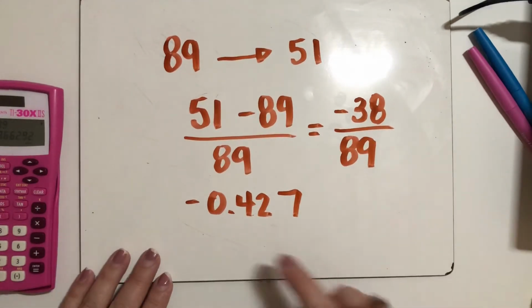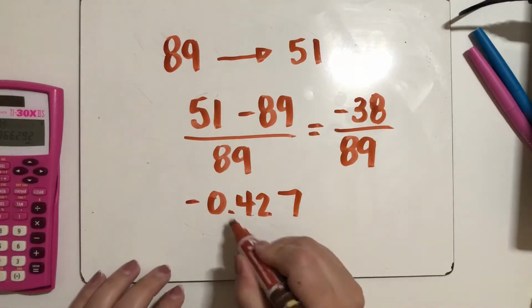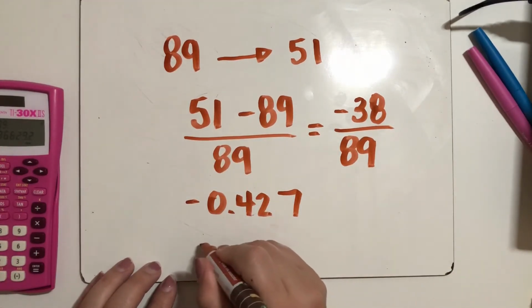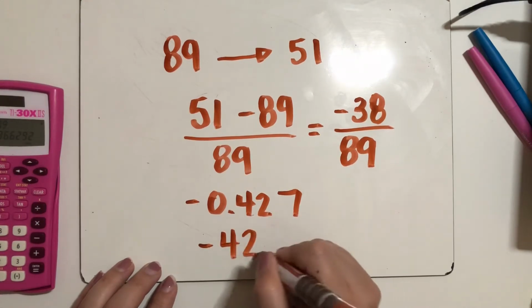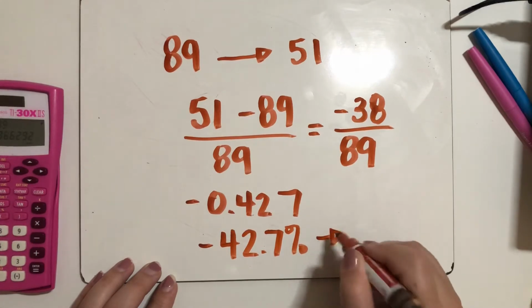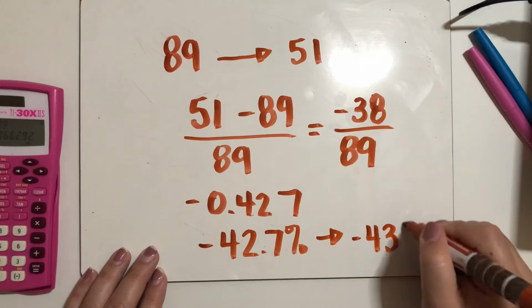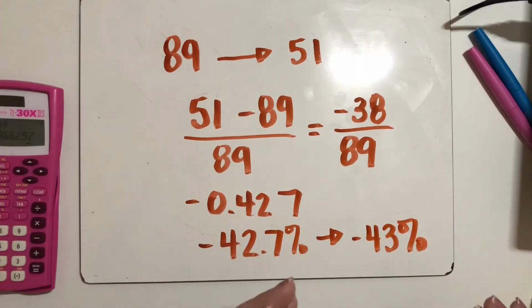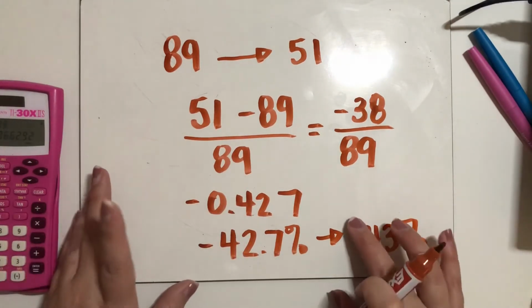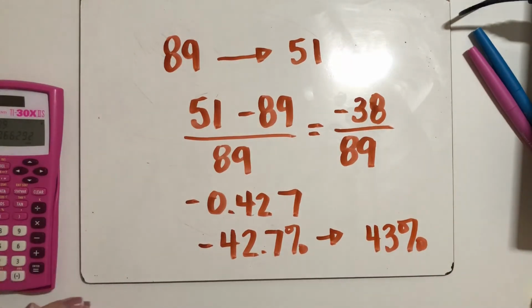Now again, this is a decimal, and I want to change it to a percent. So I'm going to move the decimal 2 to the right, and I have a negative 42.7%. If I want to round that to my nearest percent, I'm going to get a negative 43%, or I can say a 43% decrease. So I'm going to get rid of the negative and just say that it is a decrease. That's essentially all we're dealing with when it comes to percent increase and decrease.